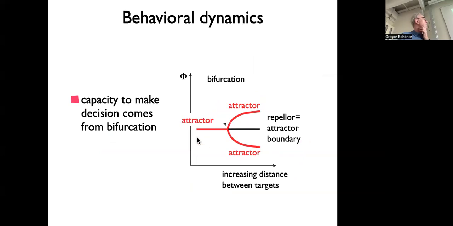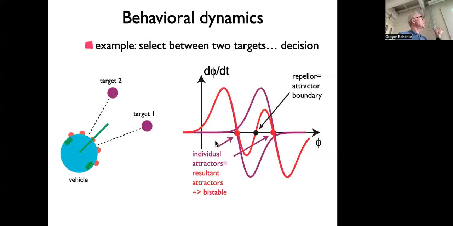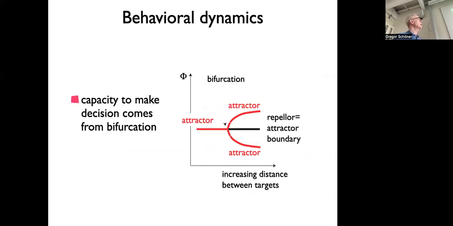Good. So I was going to say the difference between those two regimes, right? The fusion versus this decision-making regime is a bifurcation, mathematically speaking. That is, if you vary the angular distance, you have that range where there's a fused attractor.